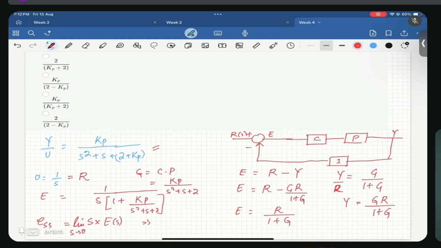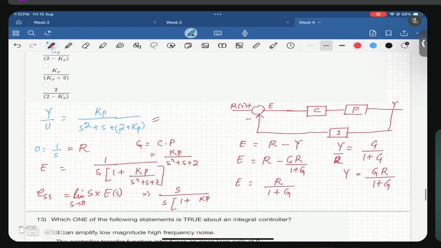You will get s by s times (1 plus kp) by (s square plus s plus 2). So these s will cancel out, and if you put s equals to 0, this will go to 0. So you will have only 2 in the numerator, and the denominator will be kp plus 2.